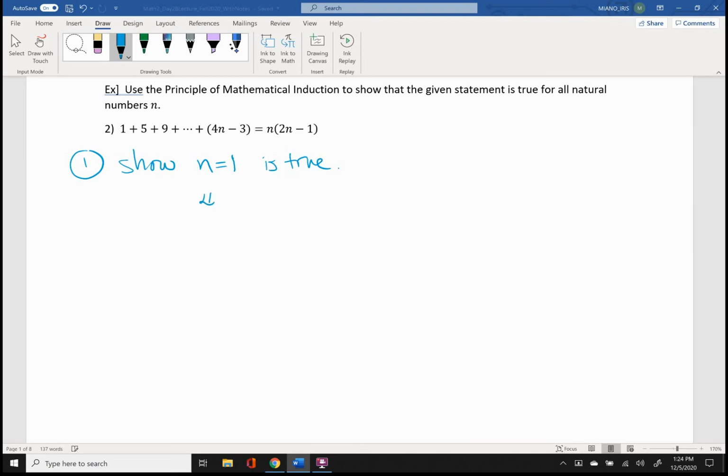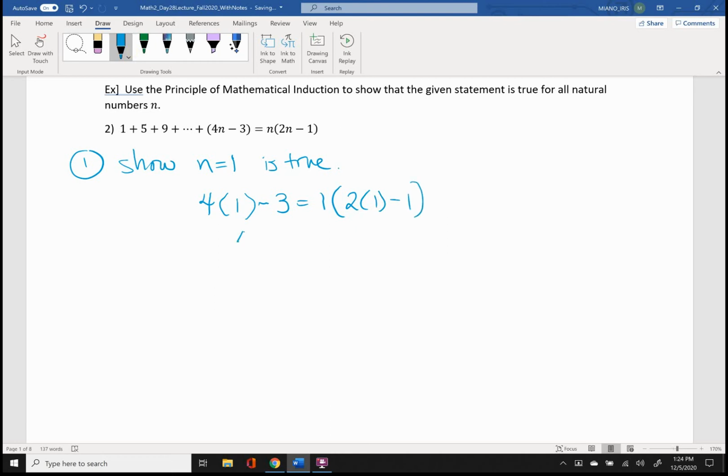So that'll be 4 times 1 minus 3. Is that equal to, we'll take the right-hand side of the equation and put in a 1 for n there.